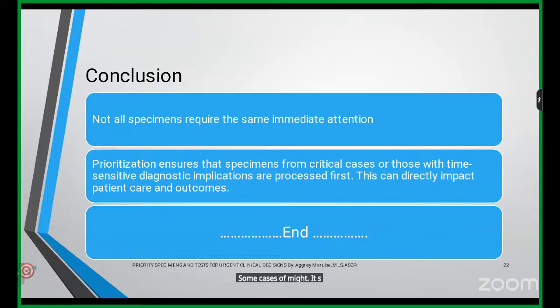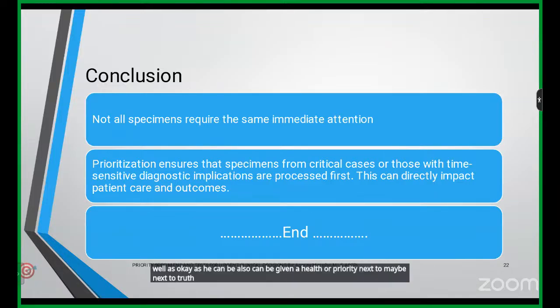It's of lesser priority compared to troponin, and CKMB can be given a higher priority, maybe next to troponin. So I've listed them on a priority basis. Maybe that's a consideration you can take into account. Yes, I hope I've answered your question. Thank you. Back to you, Mary.